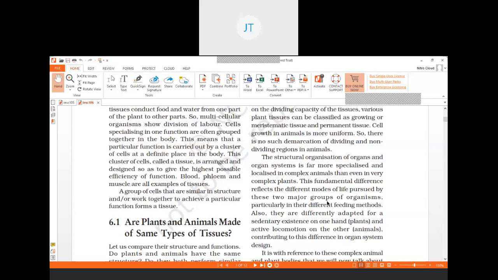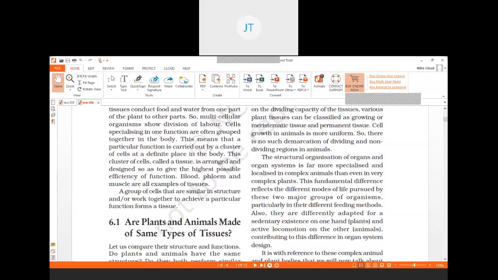Someone wants to be a jumper, someone a fast runner, someone wants to do mental work, someone wants to be a genius, intelligent. So different pursuits we can see in human beings and in other animals also. But that kind of life pursuit we do not see in plants. Because of that, they are simple.